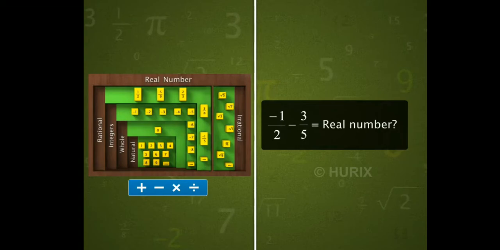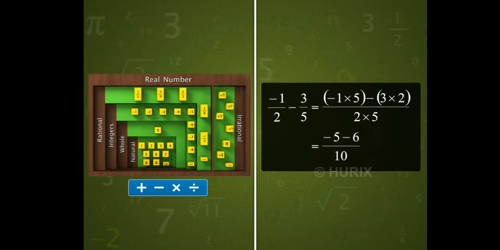Let's see if the difference of any two real numbers is a real number or not. Take any two real numbers, say -1/2 and 3/5. What do you get? The difference is again a real number.